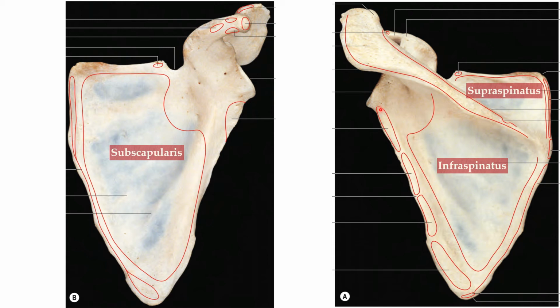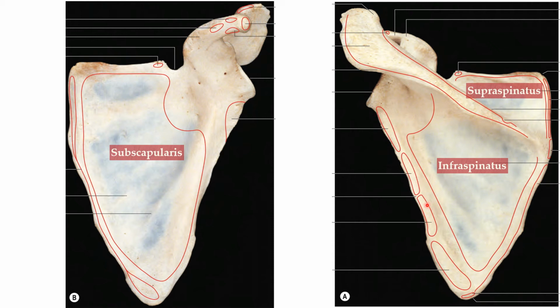Now, this is the dorsal surface of the lateral border of the scapula. From here, just below the infraglenoid tubercle, this is the site of origin of triceps muscle, the long head of the triceps.